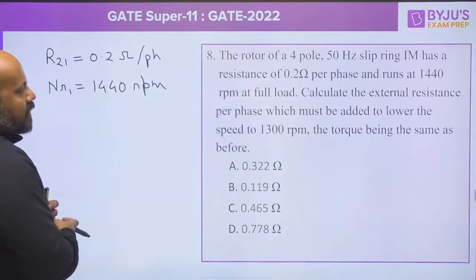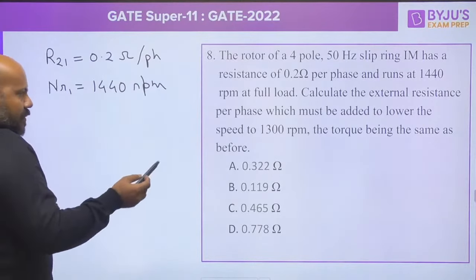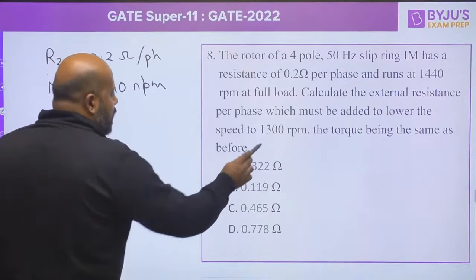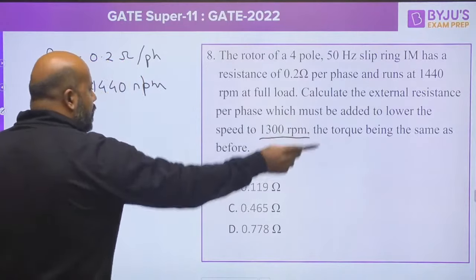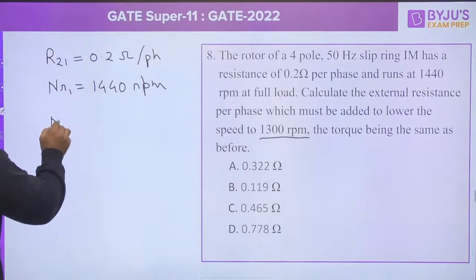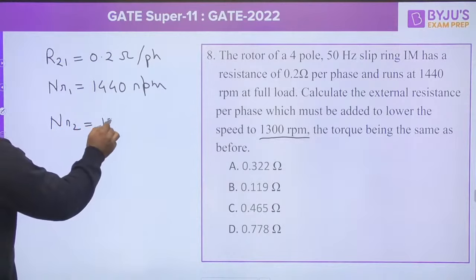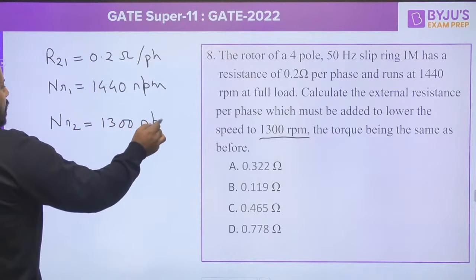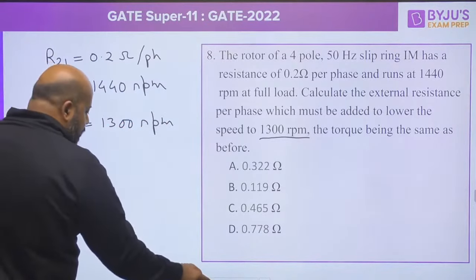He is saying calculate the external resistance per phase which must be added to lower the speed to 1300 rpm and torque being the same. So the second case speed is going to be 1300 rpm and torque he is saying is same.